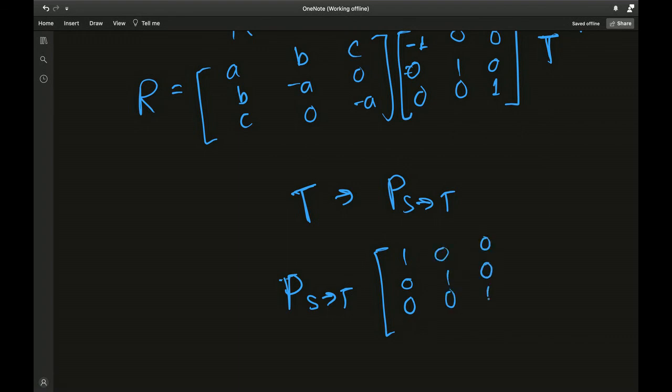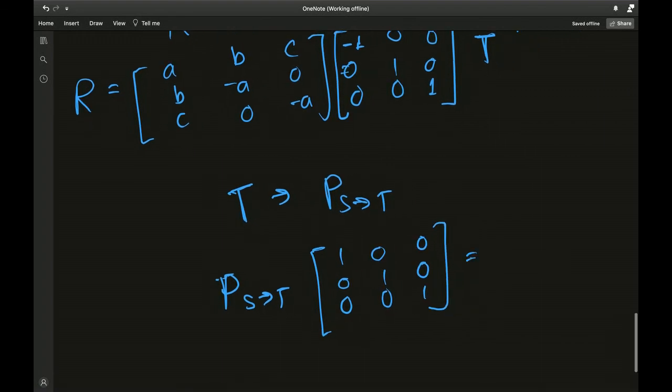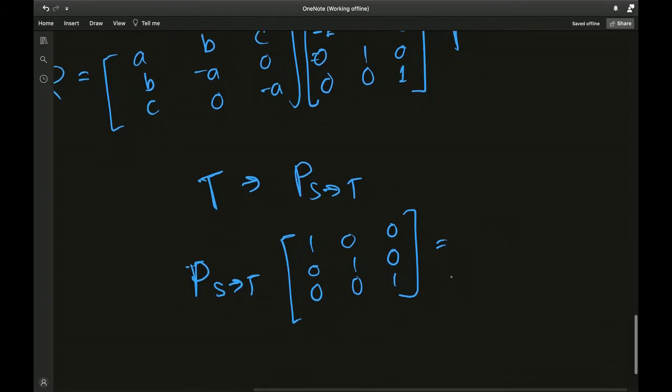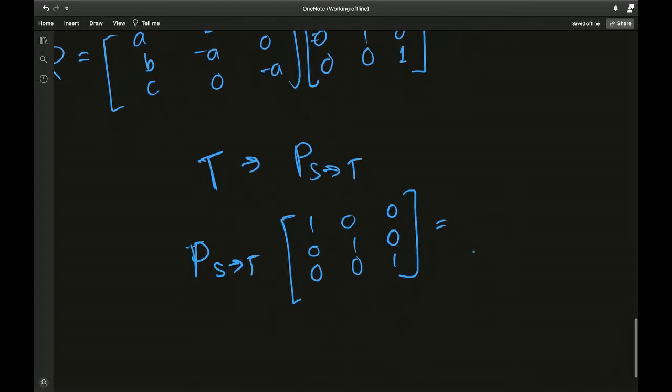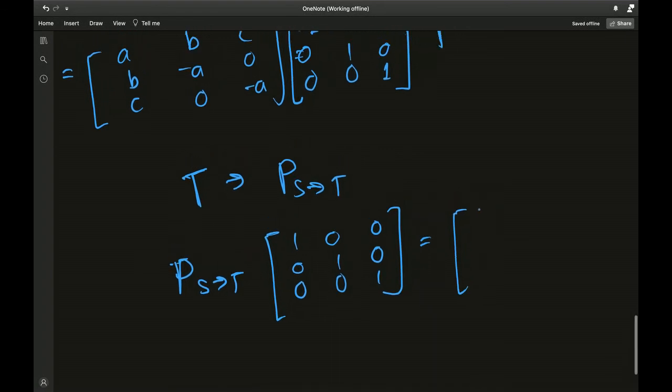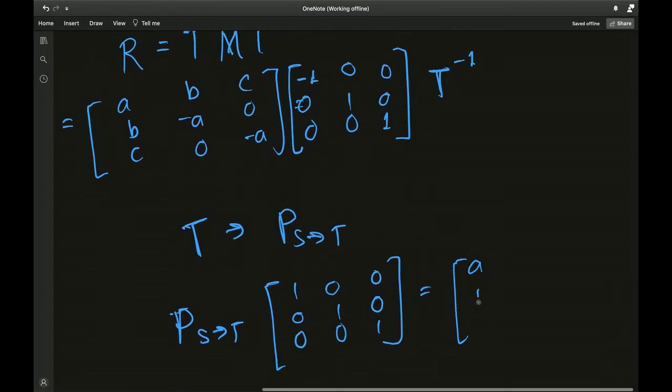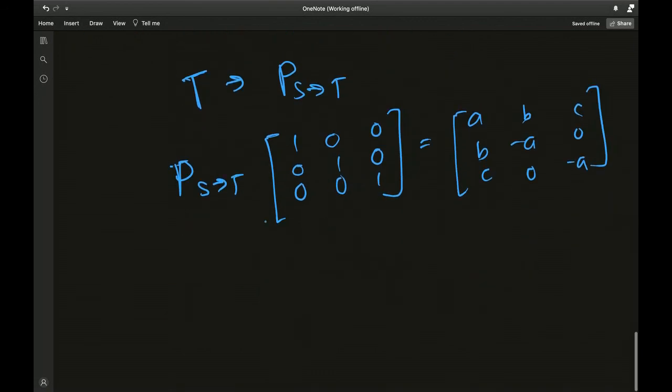Basis S is our identity matrix, to give us this new basis matrix, which in our case is ABC, B negative A 0, C 0 negative A. Any matrix times identity is that matrix itself. So the transition matrix from standard basis to the T basis is just this T basis matrix itself.